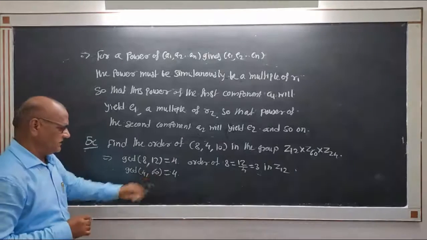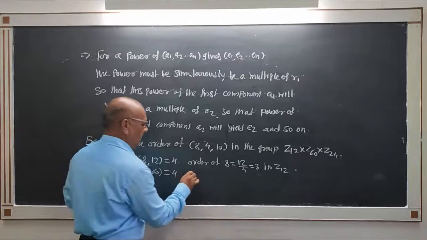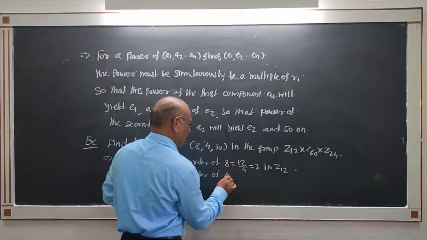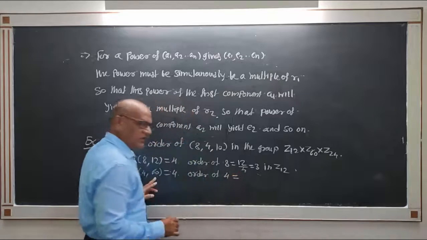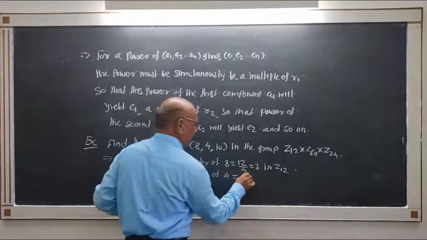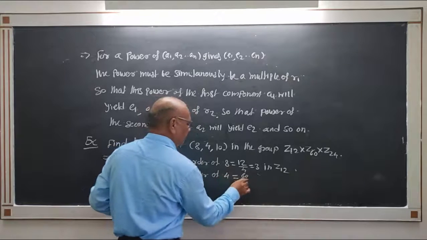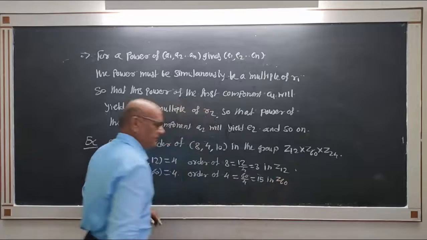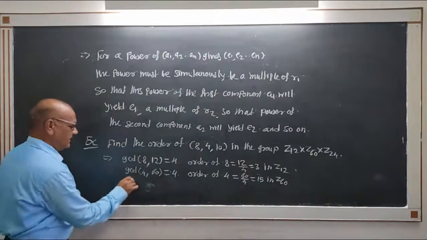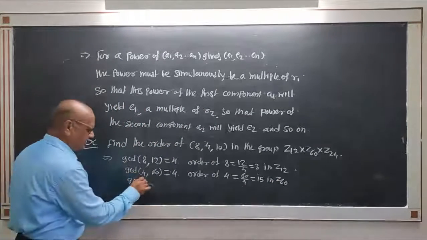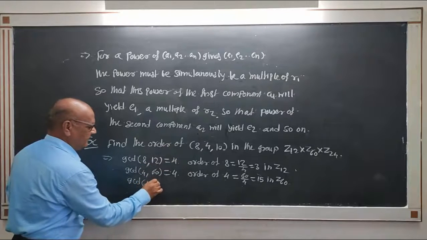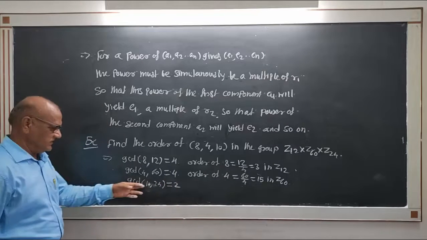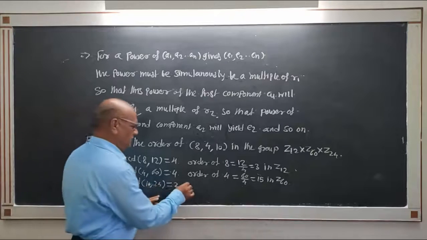GCD of 4 and 60 is 4. Here, order of 4 is equal to order of group 60 divided by 4, which is 15 in Z60. And GCD of 10 and 24 is 2.